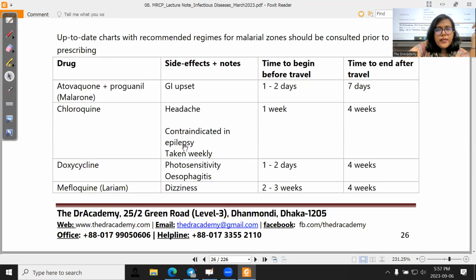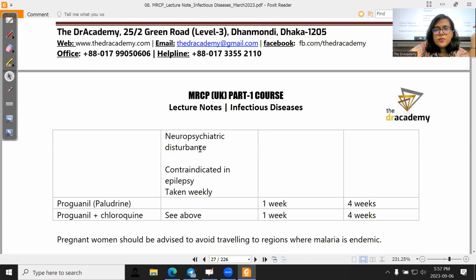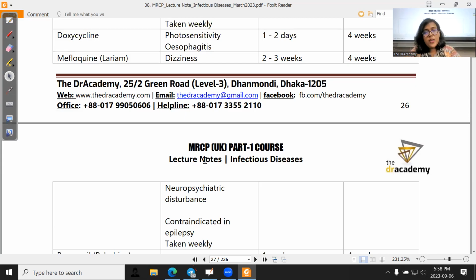Chloroquine is contraindicated in epilepsy. Important information. Mefloquine can sometimes cause neuropsychiatric disturbance. So after taking mefloquine, a patient might have bizarre dreams, nightmares, night terrors, and show a psychiatric episode. So that's why a lot of health regulators are saying that mefloquine should be banned as a prophylactic means.